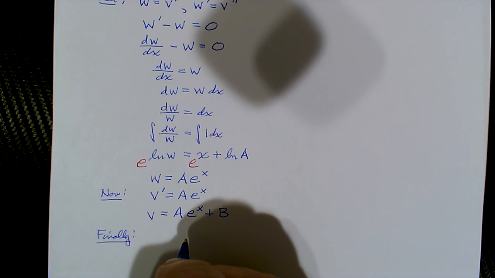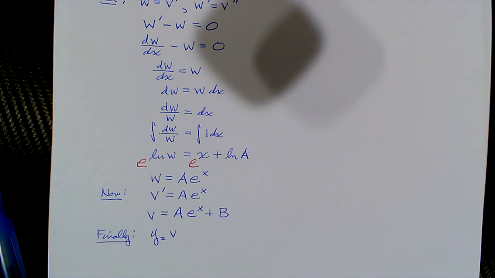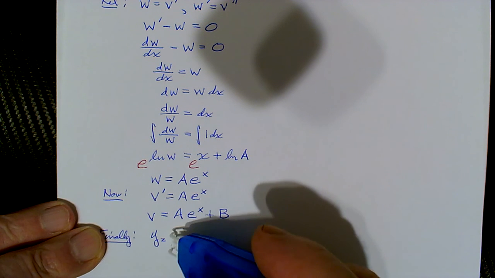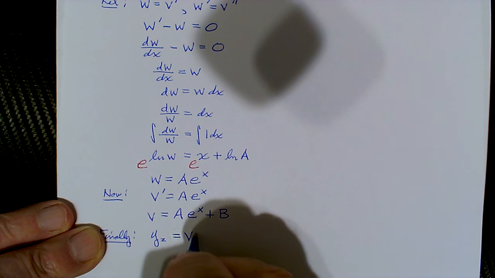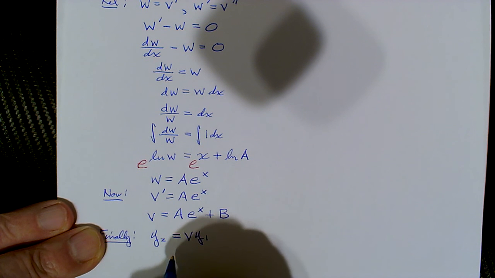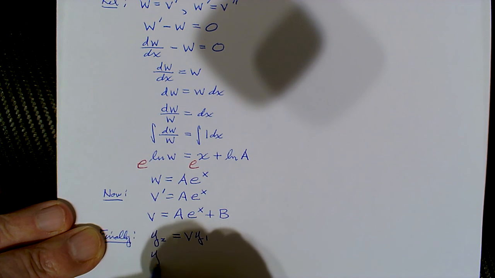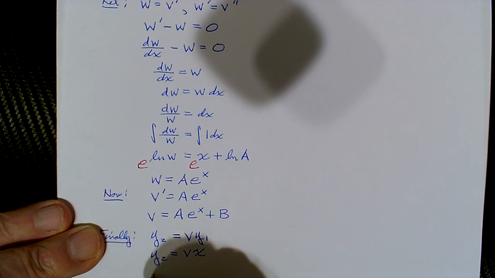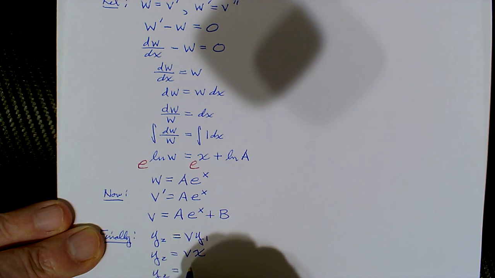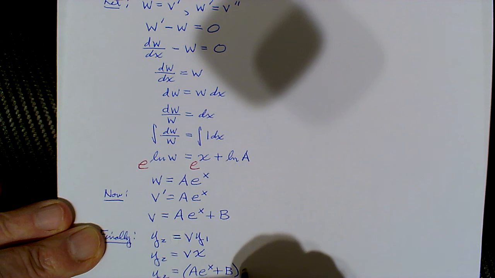But now finally we have that y2 was equal to v y1, but in our case it was vx because y1 was x, so therefore y2 would be equal to v, which is the a e to the x plus b, times x.